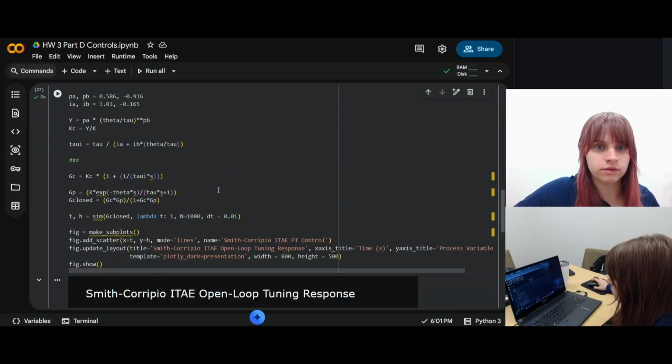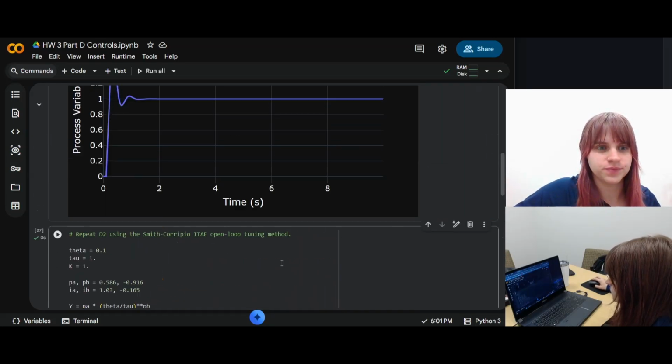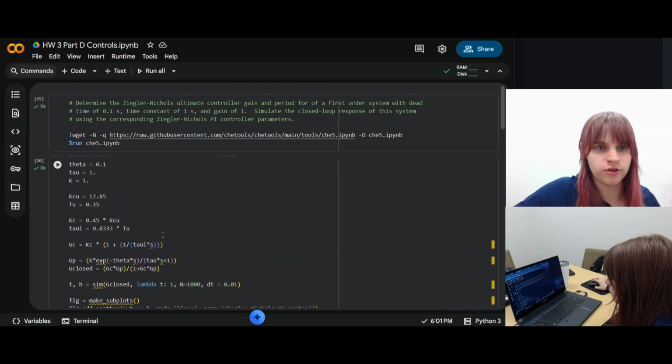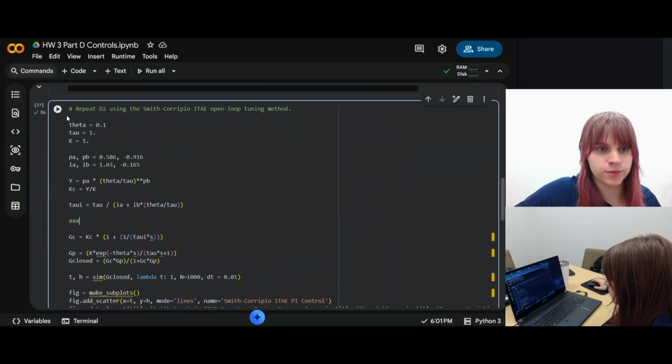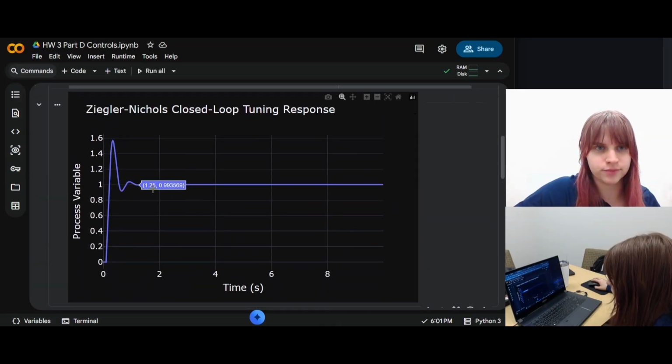But both methods work. They are just different methods. This second method is nice because we didn't have to guess and check for our ultimate controller gain, so it was a bit faster, but they both work like I said.